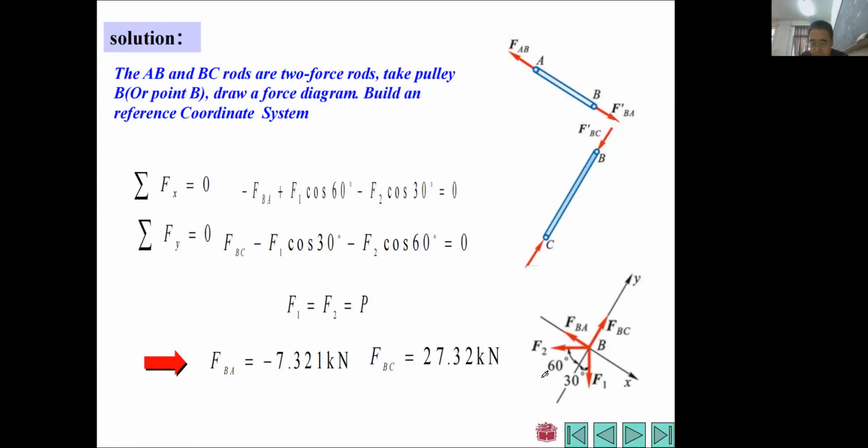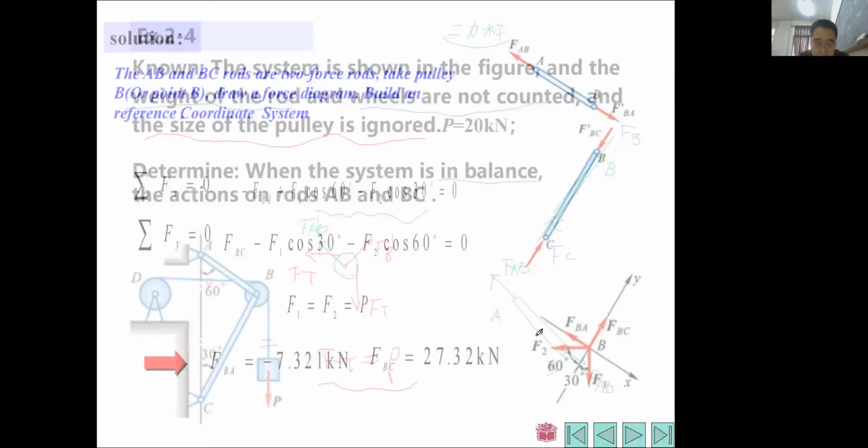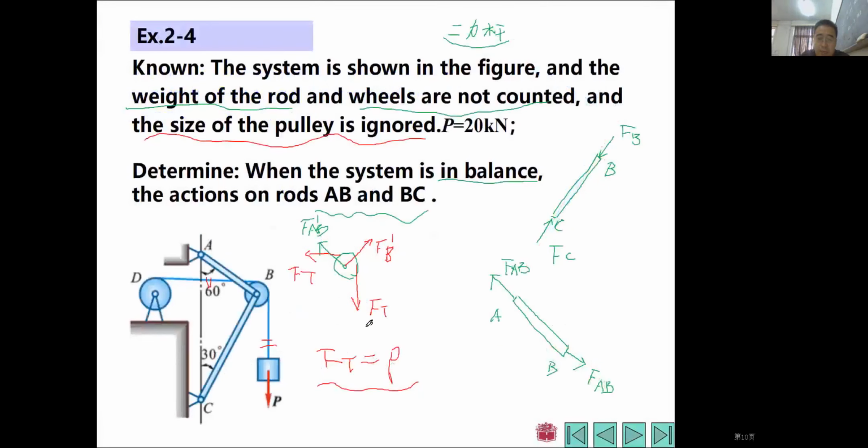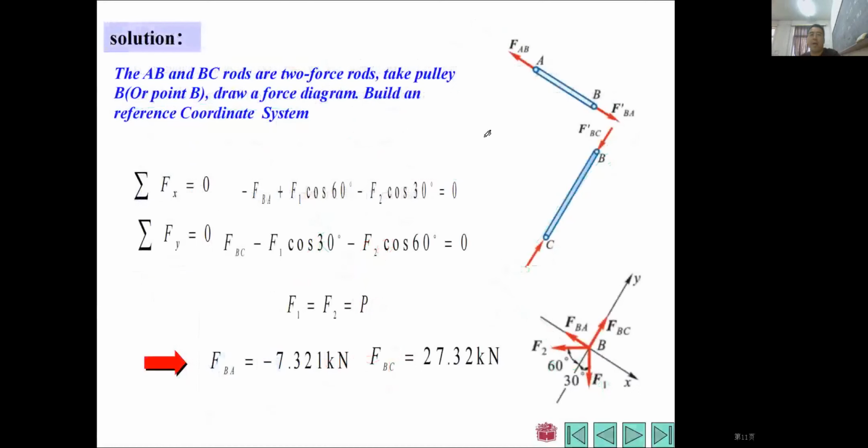So here F1 and F2 are actually FT and FT. F1 and F2 will always equal P, equal to 20 kilonewtons, along the minus y-axis direction and the minus x-axis direction. You see? After all this, we have this and this.